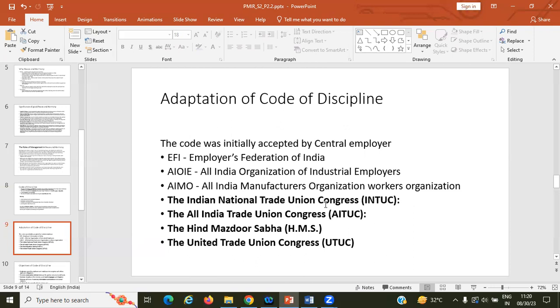Indian National Trade Union Congress, All India Trade Union Congress, HMS, Hind Mazdoor Sabha, UTUC, United Trade Union Congress. These are the four trade unions, and there are some central employers who have accepted this code of discipline. You can remember this. This can come in the exam.